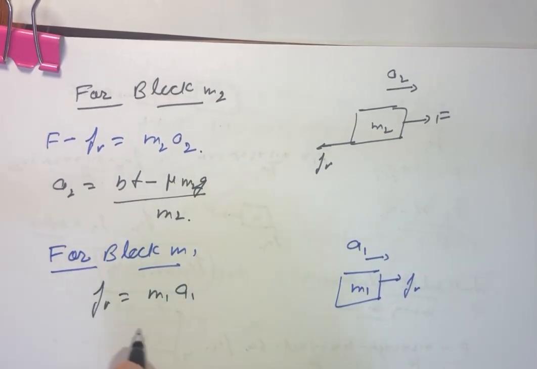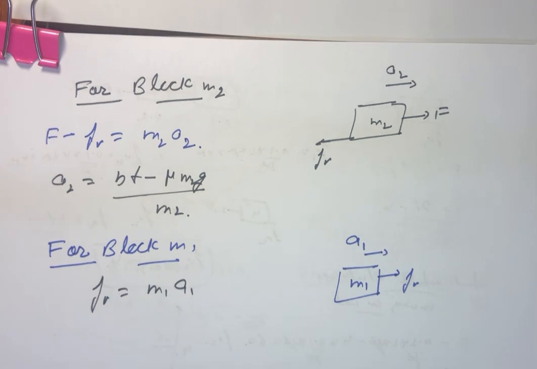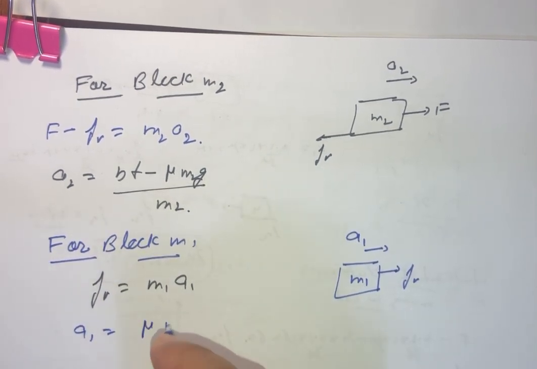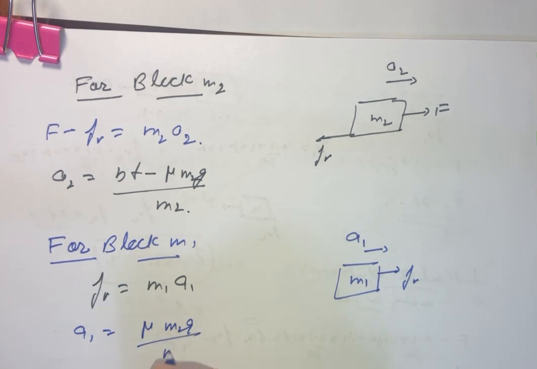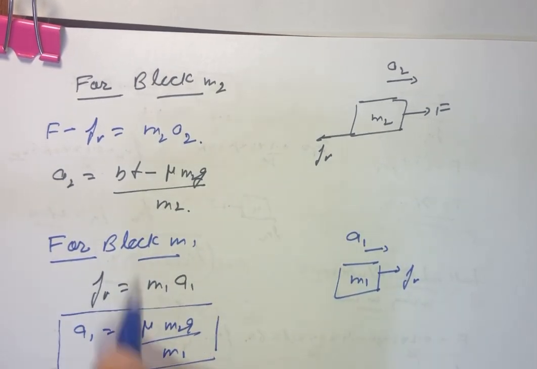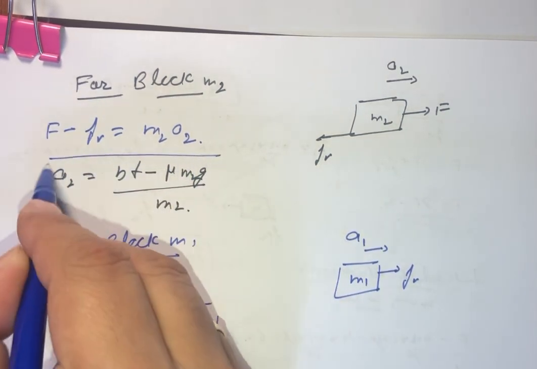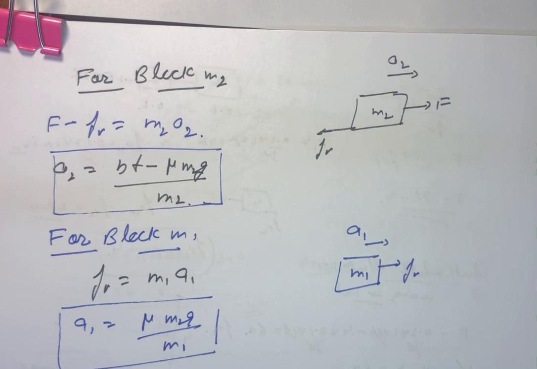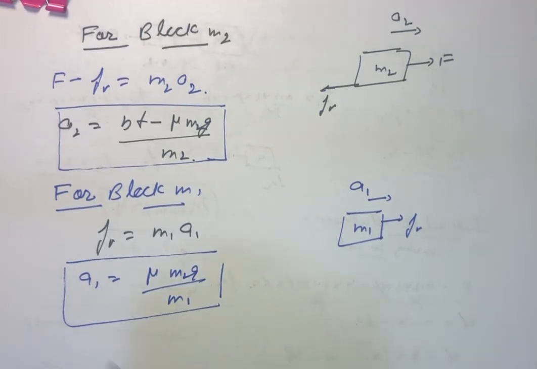We already know the value of Fr, so we can write that a1 is equal to mu m2g divided by m1. This is our value of acceleration for a1, and this is our a2. Now we can plot the acceleration graph for both m1 as well as m2.